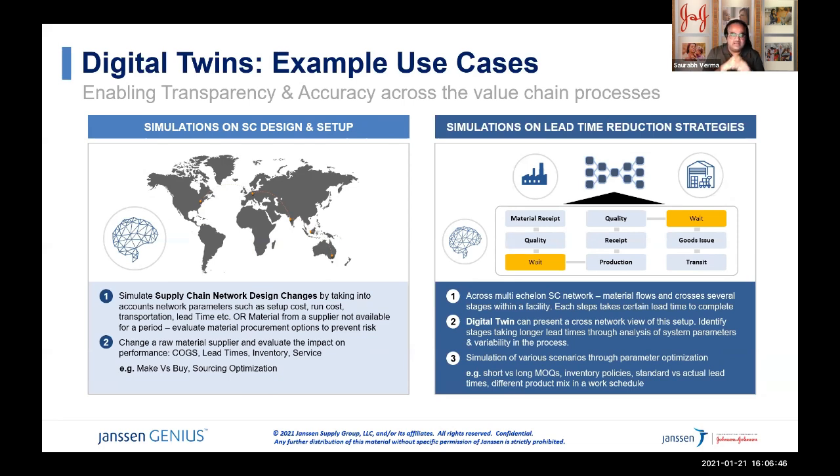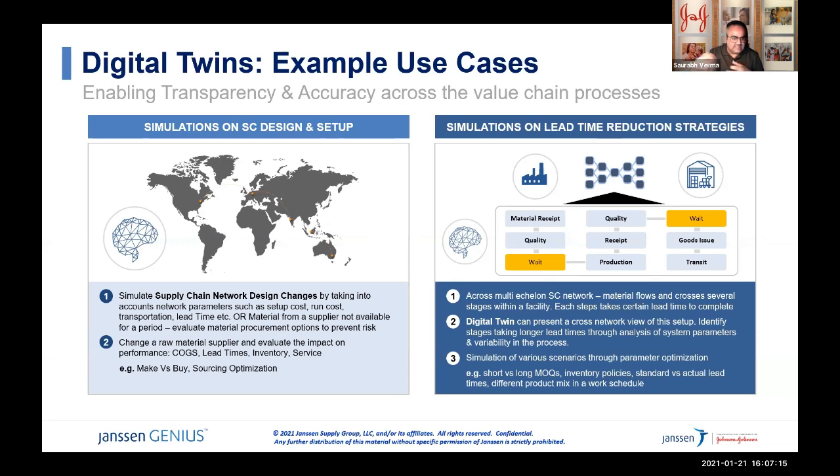We can create a simulated model of that network, and what it gives us is, when we are setting up a supply chain design, either on a launch or when we are moving a product from growth to a value optimizer or a decline stage, we can assess different combinations of suppliers and the labs that we have, which will have a direct impact on those three trade-offs, which are cost, cash, and service.